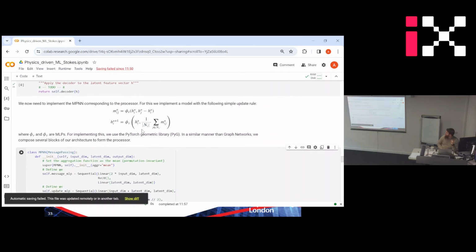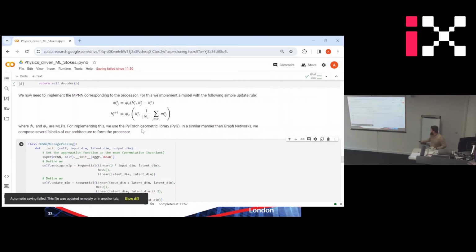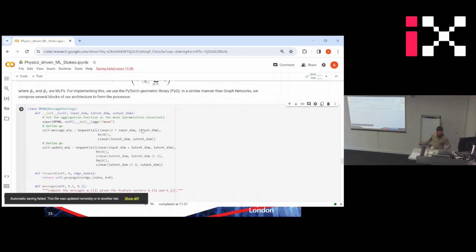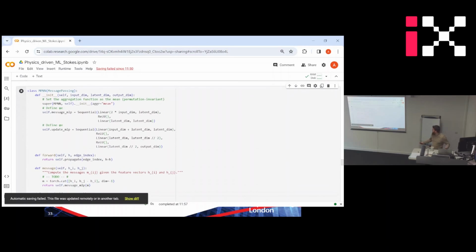Now the thing you may have noticed is that over here I specify the aggr keyword argument, and what that means is it tells the message passing class how you want to aggregate the messages. Remember, we want to use something that is permutation invariant. When I say mean, when that message passing class will call the message method we have just implemented here, it will take all the mij and aggregate them using what I have specified here.